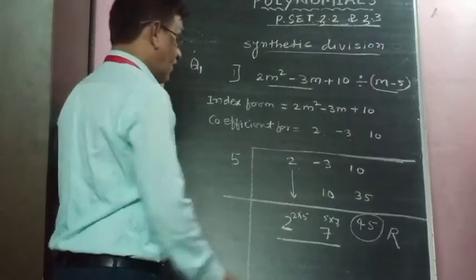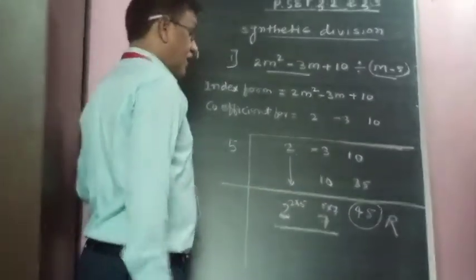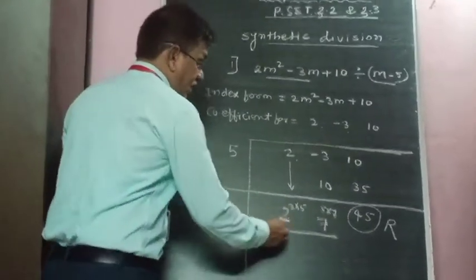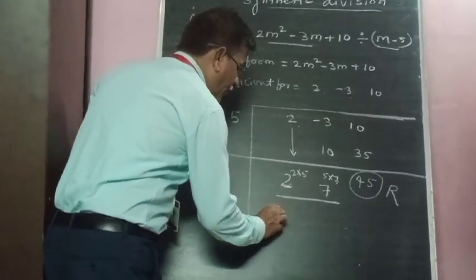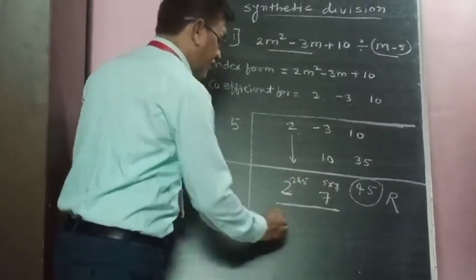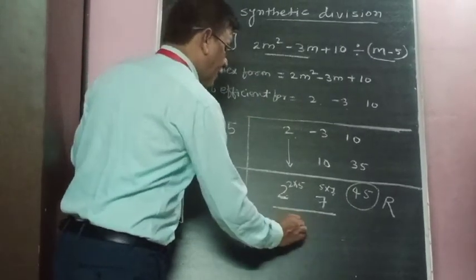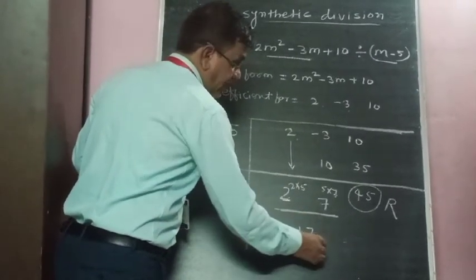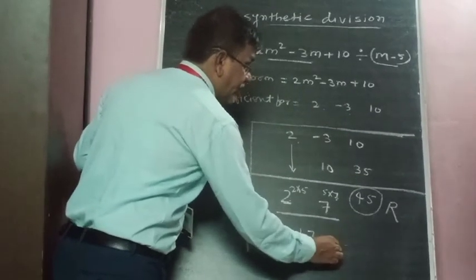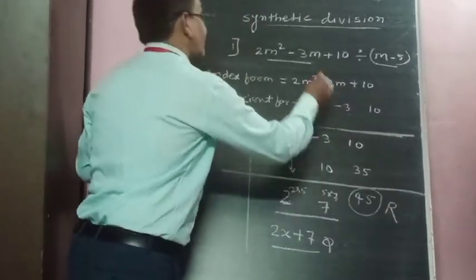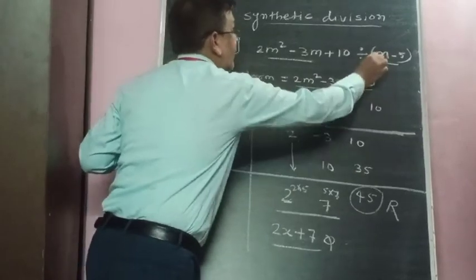Okay. Now write down the given coefficients in index form. Now how to write here? Two terms are there, means first term is 2x, because you have to write down power 1 first, plus 7. This is your quotient and this is your remainder. This is your dividend and this is your divisor.